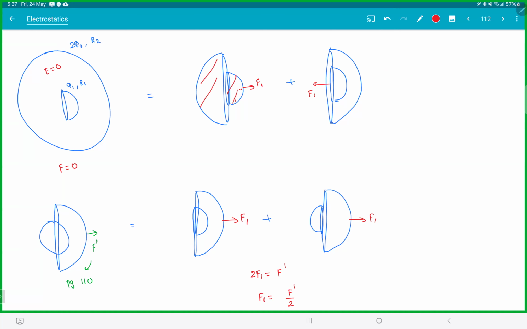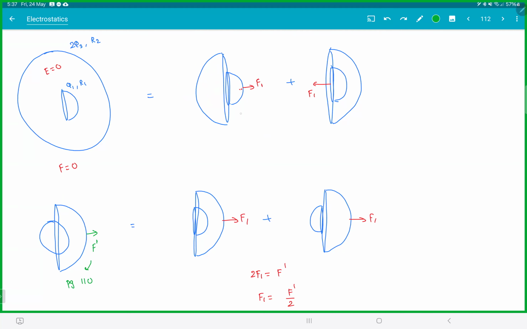By Newton's third law, the small shell also will push this away by F1. Why F1? Because the net force is zero. Okay, got it.